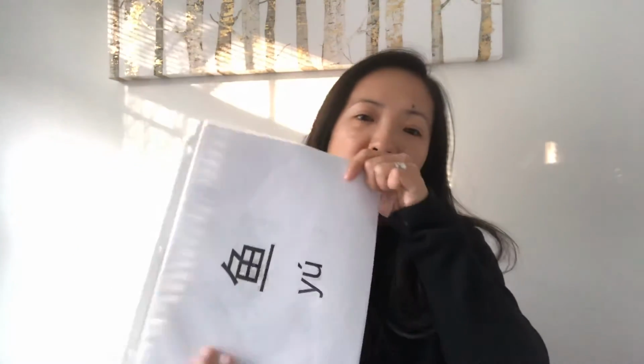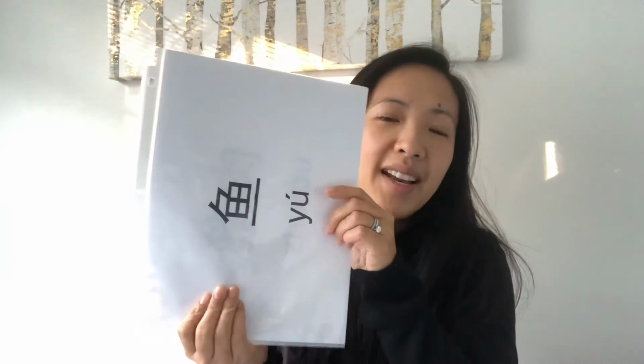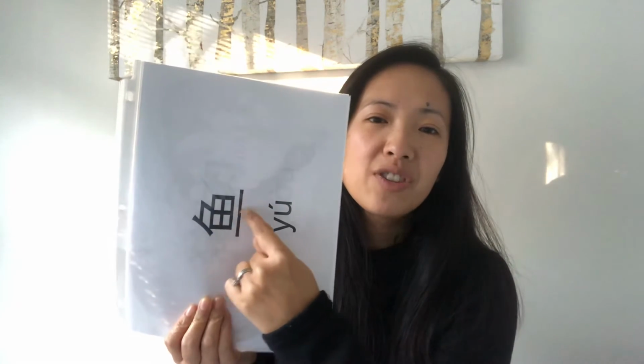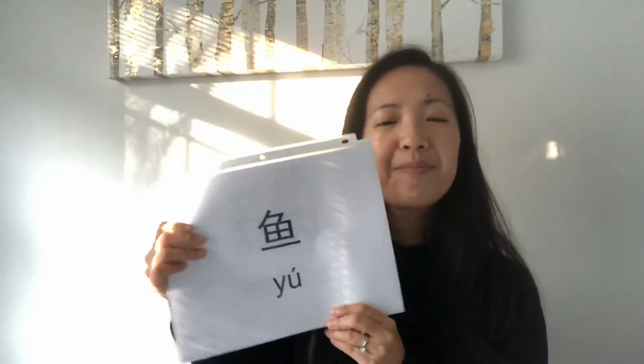So really, if you just move this word to the side, you can kind of see it. It's been adapted to looking like a word, but there's a picture. So this is like the little pointy part of the fish head. Then you have a body with scales, and then the traditional Chinese had the 4 lines, which was a tail. So it kind of looks like a fish if you can imagine it, okay?